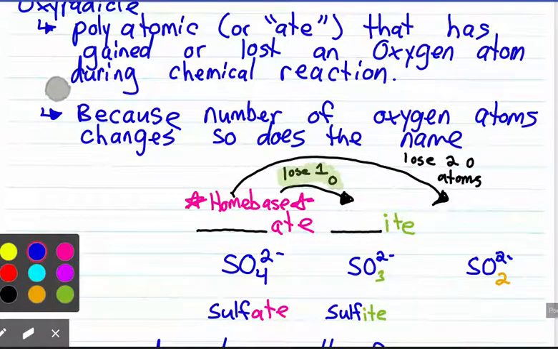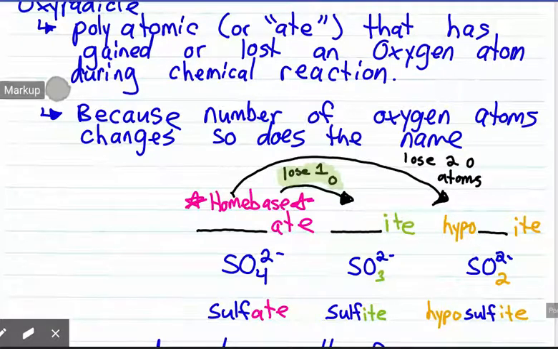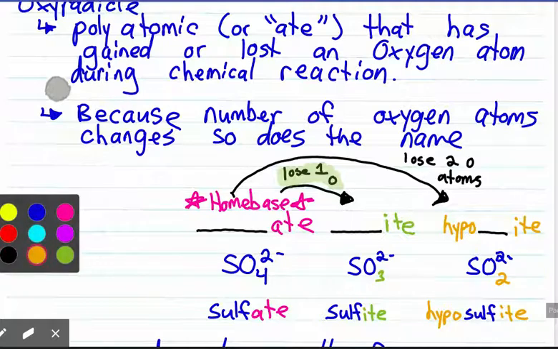Because this ion is different from sulfate and sulfite, it has to have a different name. So this becomes hypo-, -ite. The name of this ion is hyposulfite, and it's a hyposulfite because it has lost 2 oxygen atoms from the -ate.